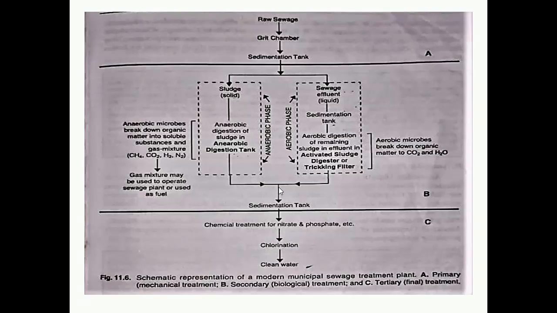To minimize eutrophication, we use chemical treatment for nitrate and phosphate precipitation. After that, excess microorganisms are removed by the chlorination process. Then finally we obtain clean water.